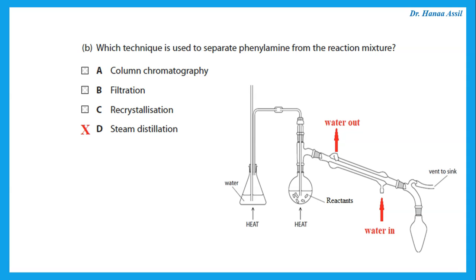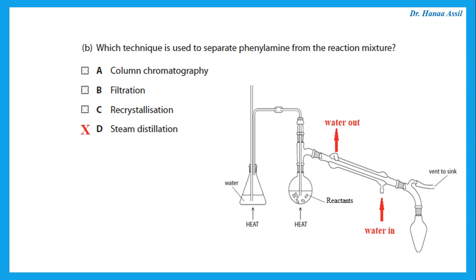Steam distillation is a method of heating the reactants. Can you see the flask that has the reactants? We don't want to heat it to a very high temperature. So what we do is we heat the water in the previous conical flask. The water changes into steam. The steam passes over the flask and the reactants in the flask.